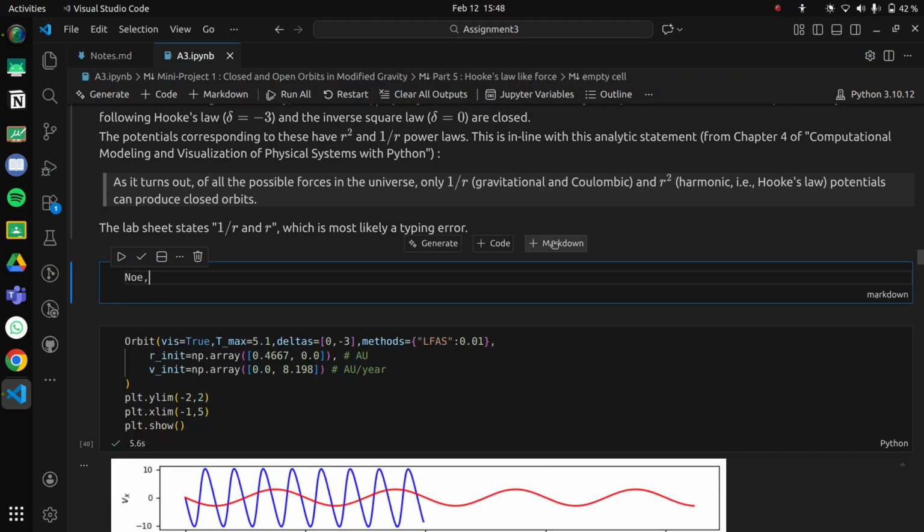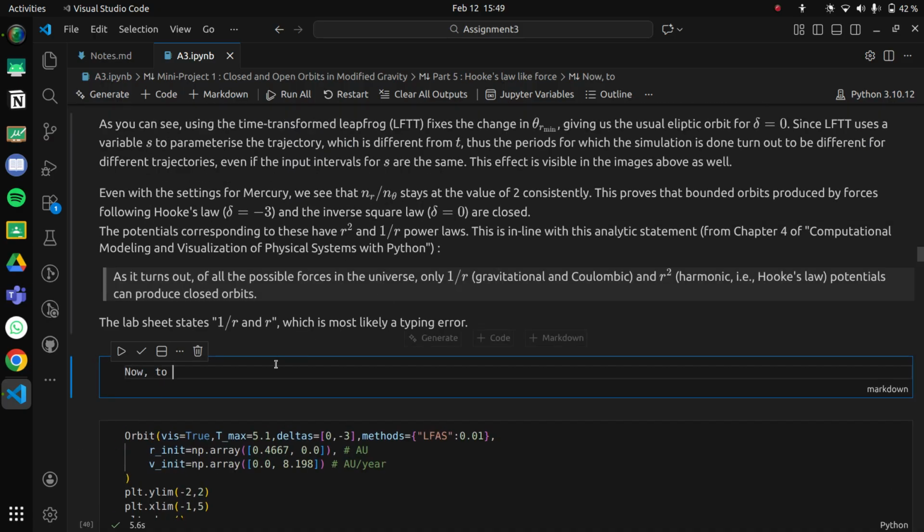Now to answer the question about simply having an adaptive time step. What we leave from integrator.